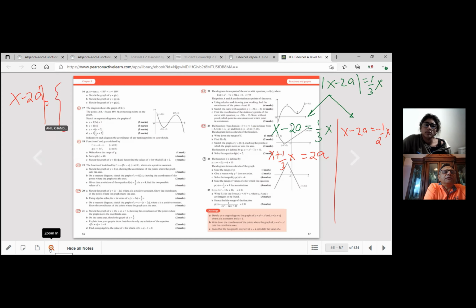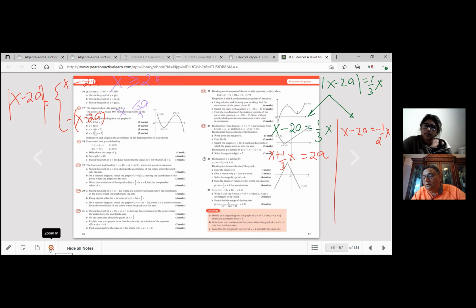You say this is plus x minus 2a when x is greater than or equal to 2a, and when x is less than 2a, in that case it is minus, correct? You can do all those things.